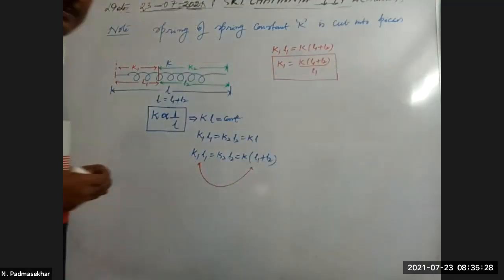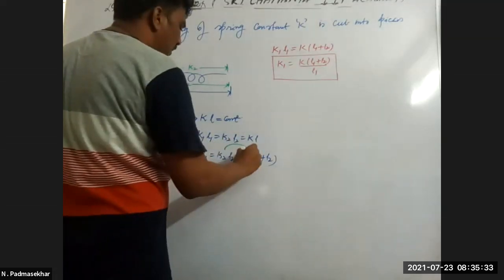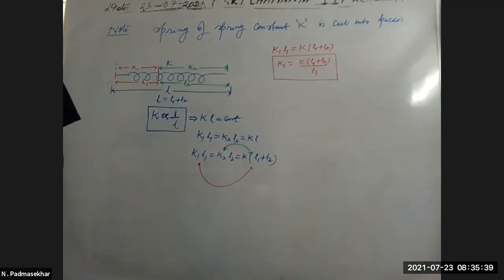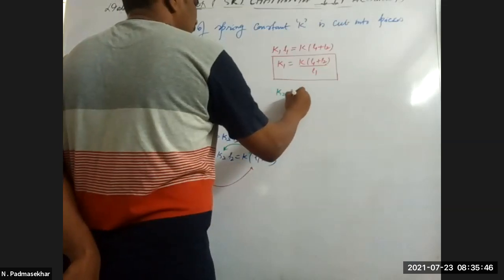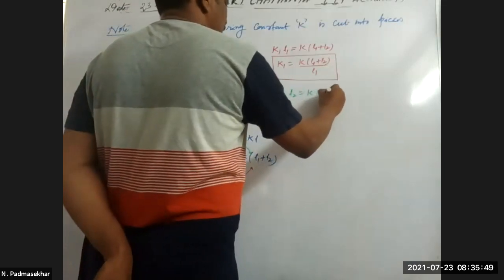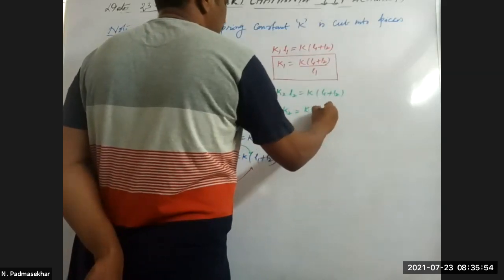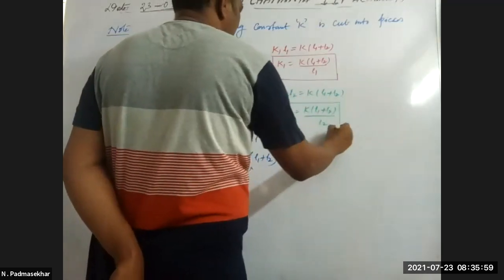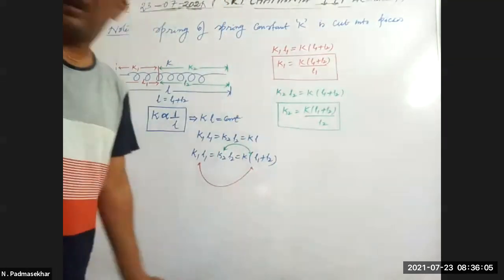Similarly, K2 L2 is equal to K into (L1 plus L2), so K2 is equal to K into (L1 plus L2) by L2. This is the spring constant of the second part.